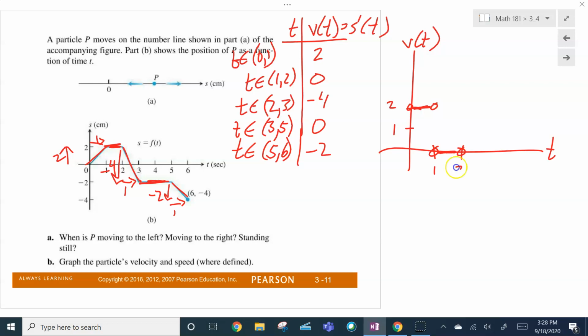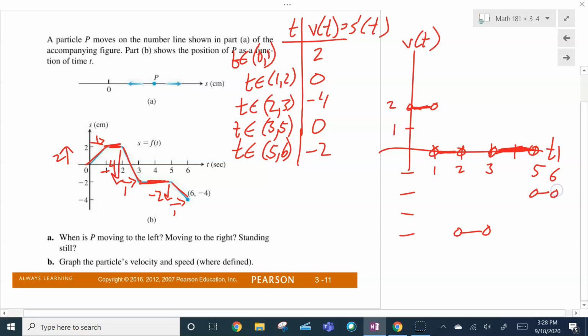When t is between 2 and 3, it's -4. When t is between 3 and 5, it's 0. And when t is between 5 and 6, it's -2. Okay? So that's the velocity.